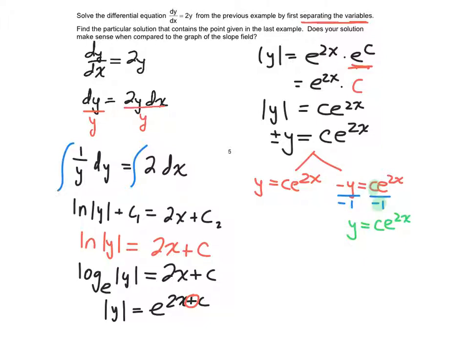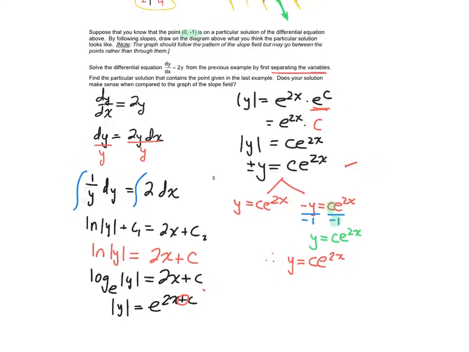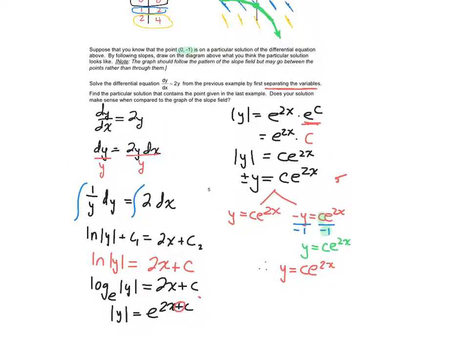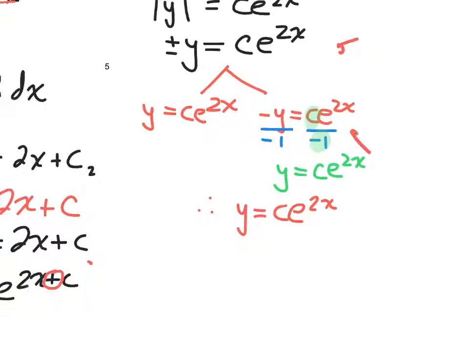A constant divided by a constant is equal to a constant. So either way, we end up with a general equation of y equals c e to the 2x. All right, so that's an exponential equation. That's beautiful. But we do have a coordinate that we can work with, (0, -1).